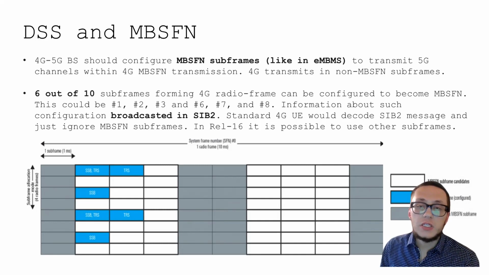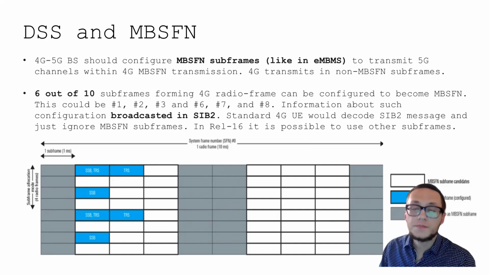Early 5G releases support 6 out of 10 subframes. So it means that we can configure 6 out of 10 such subframes for the purpose of 5G transmission. Information about such configuration can be found in the SIB2 block.